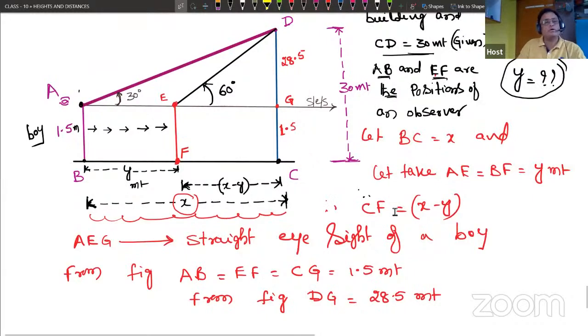So a boy walks towards the building. How much distance has he walked? Assume that the distance he has walked is Y. That is our question. Once again, try to understand.